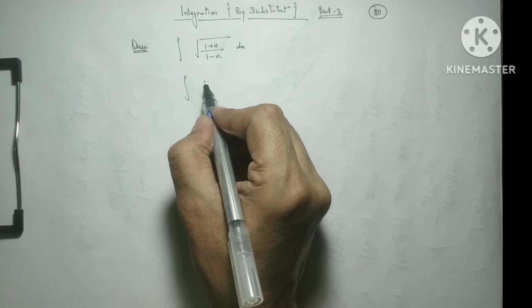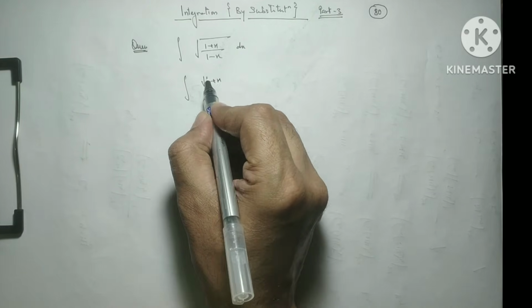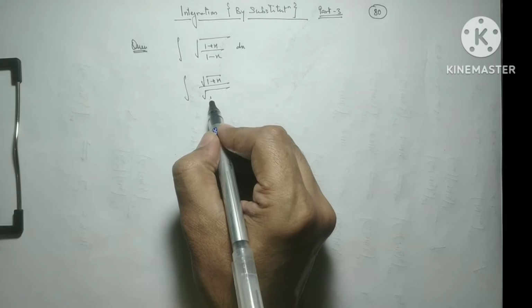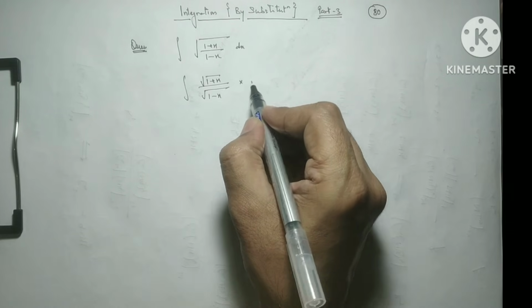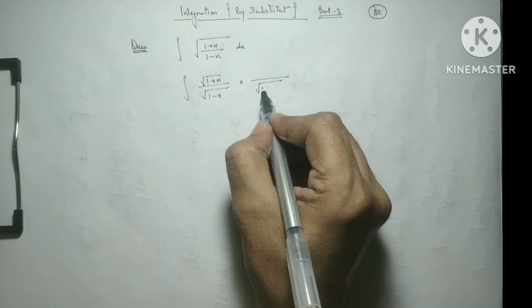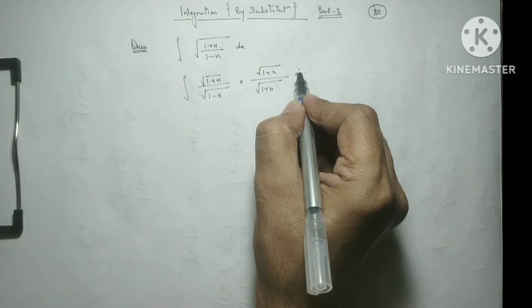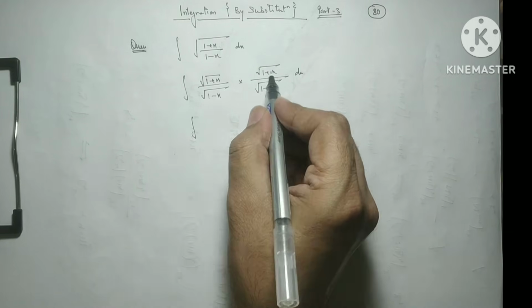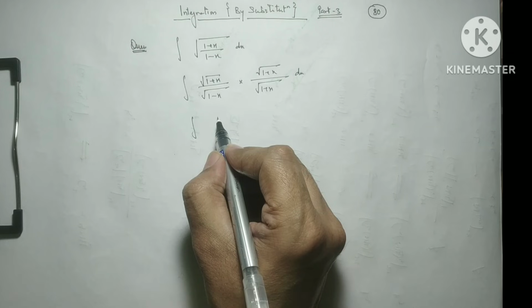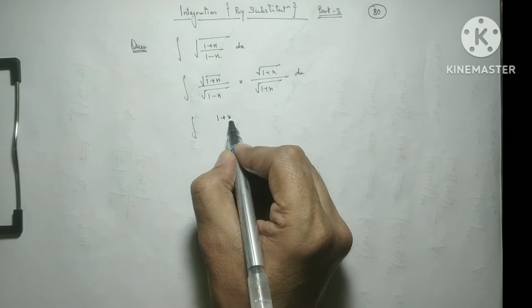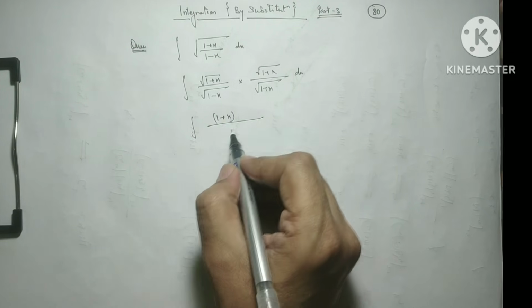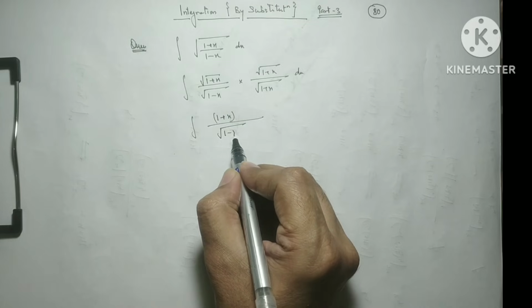So first we will rationalize it. So we will multiply with under root 1 plus x, and this becomes whole square, or you can say without root, and this is under root 1 minus x square.